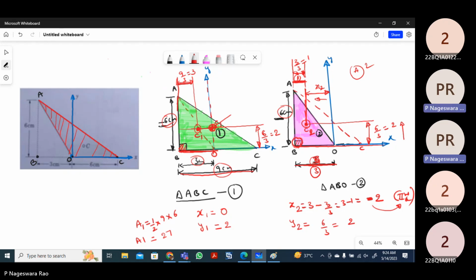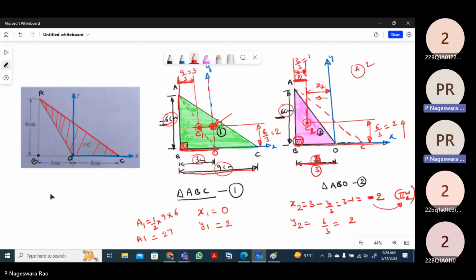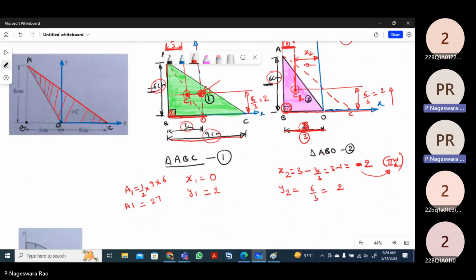So we know the values of x2, y2, and the triangle ABO area A2 will be equal to half into base into height. Half into base is 3 centimeters, height is 6 centimeters, so 3 into 3 is 9. But here the important thing is that we have to remove this second area, because you can see the sign here.